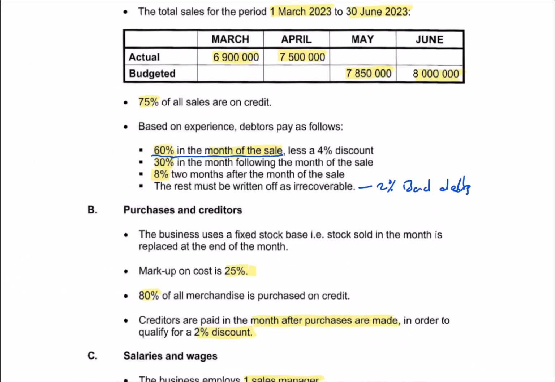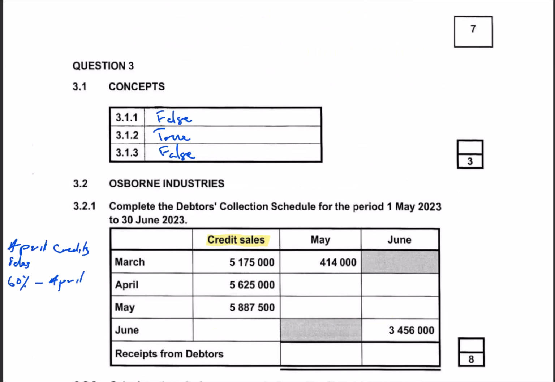Then they have 30% in the month following the month of sale, so 30% in May, then 8% in June.